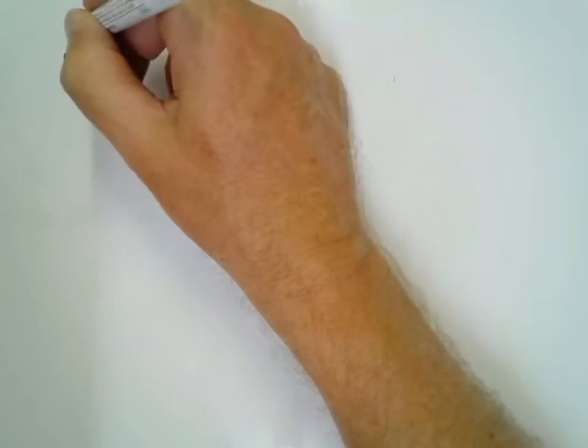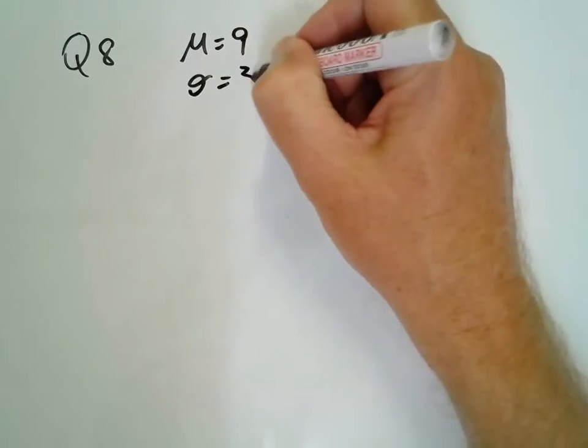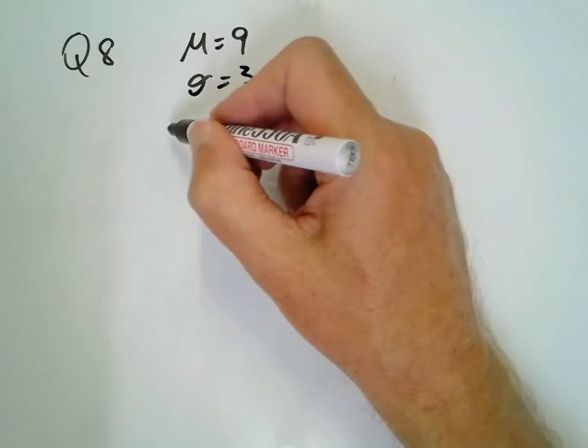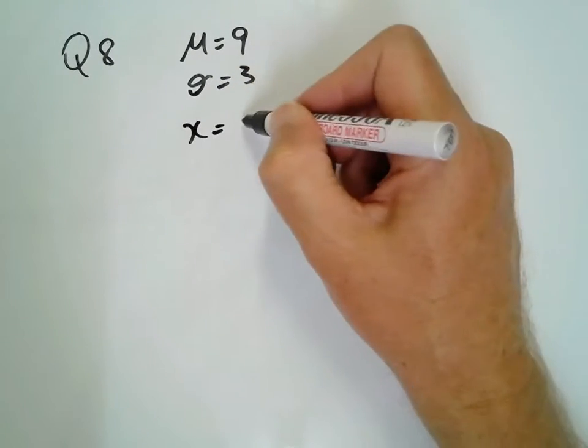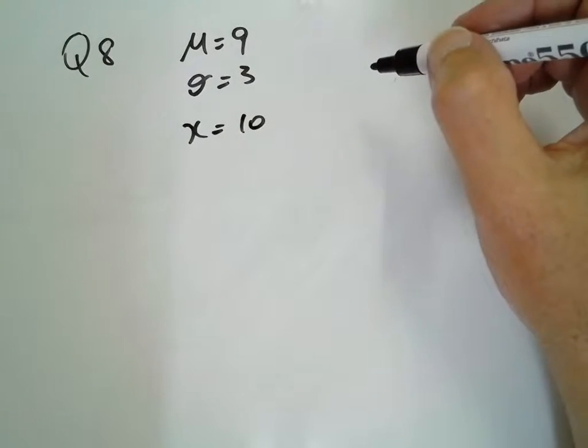So the next type of question, I'm going to do question 8, and it says given mu is 9, standard deviation is 3, standardise the value where x is 10. Standardise, okay.